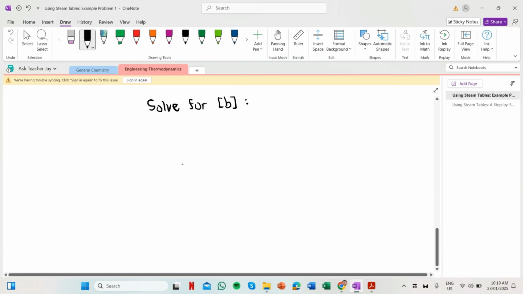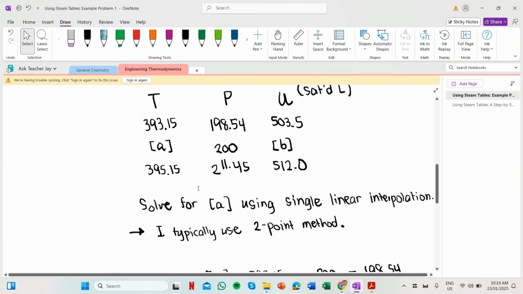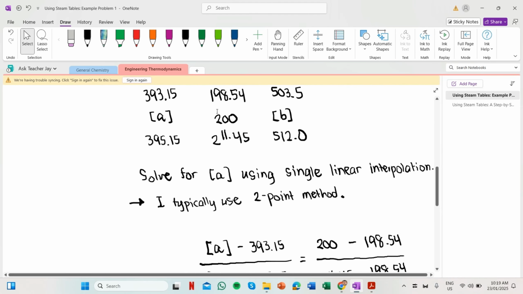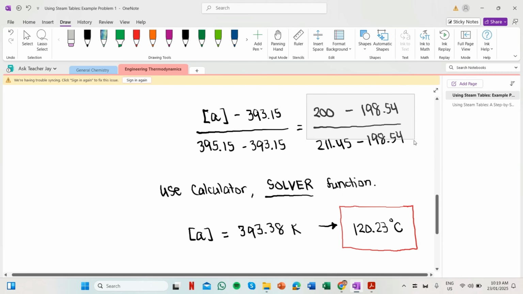So I'll write the same thing, B minus 503.5 over 512.0 minus 503. Essentially, what I do for A, I also do for B. And again, the right side is the known side, the given data.